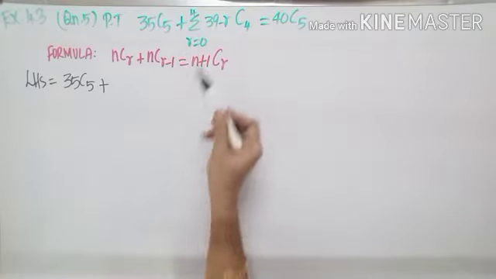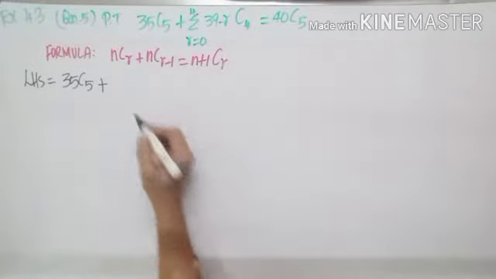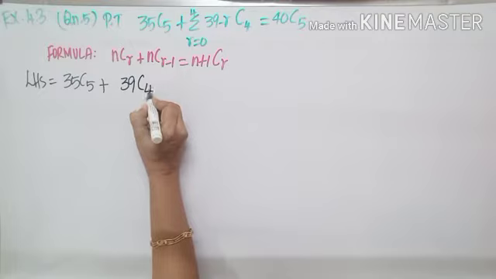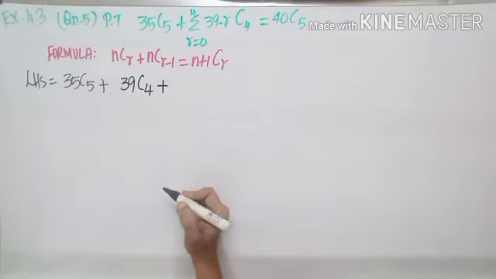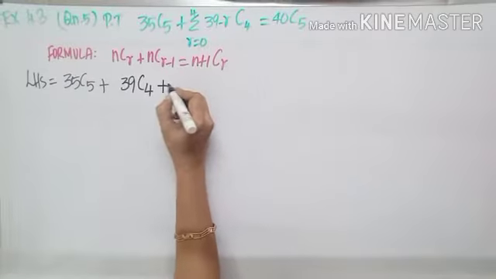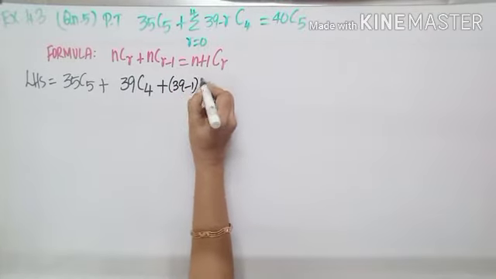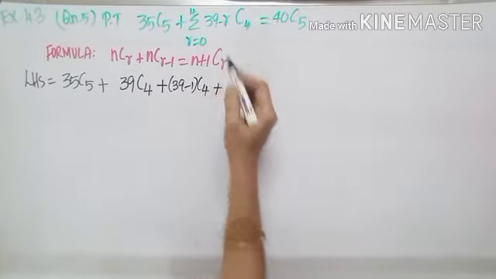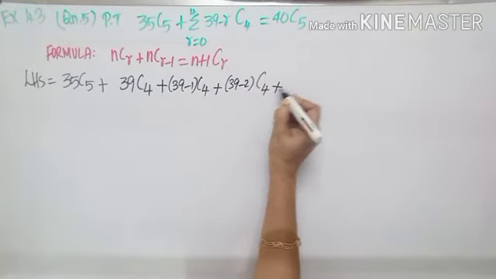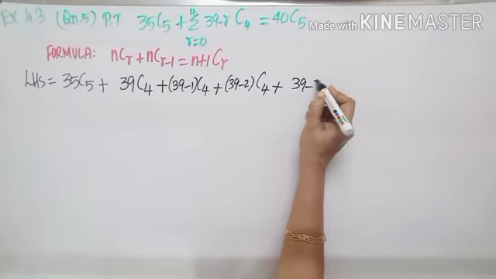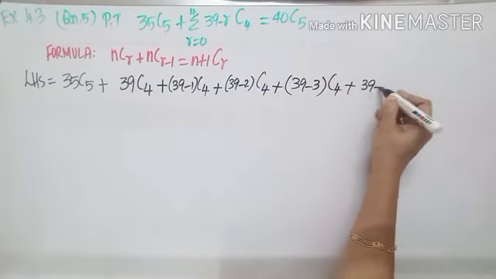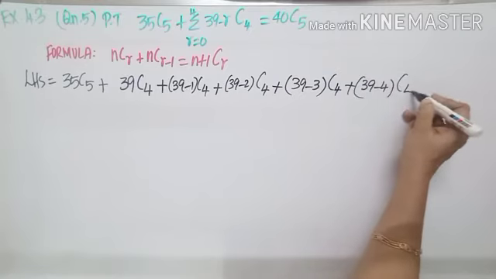My first step is put R as 0. So 39 minus 0 is 39C4, plus, put R value 1, 39 minus 1 C4, plus 39 minus 2 C4, plus 39 minus 3 C4, plus 39 minus 4 C4.